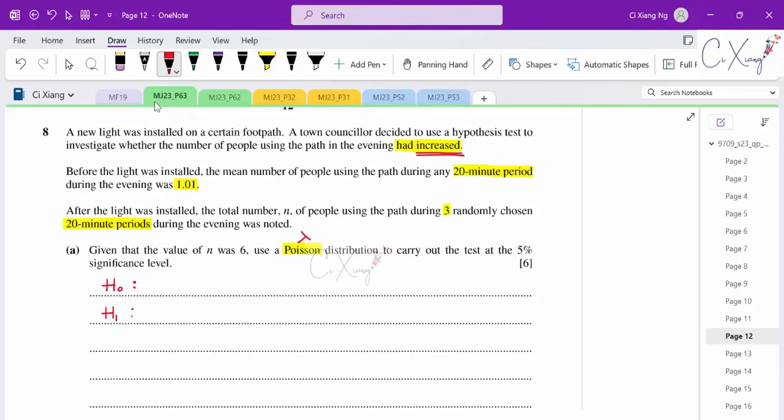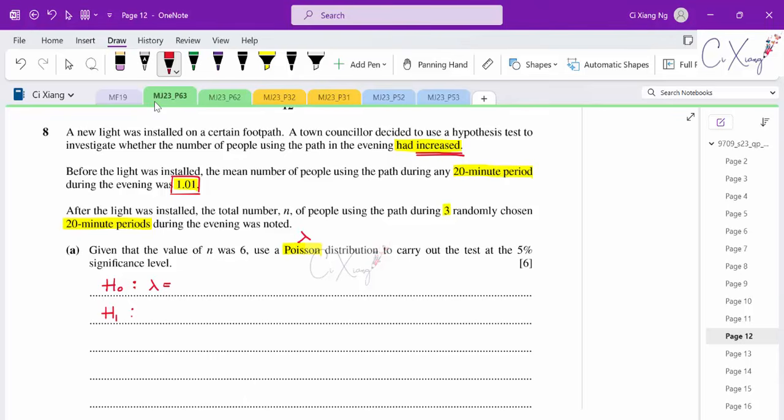So what is the null hypothesis here? The null hypothesis is lambda. Our original mean lambda for the 20-minute period is 1.01, so our null hypothesis should be 1.01. But when we are carrying out the test, we are using 3 periods. Therefore, some of us might want to change it to the lambda for the 3 randomly chosen 20 minutes.